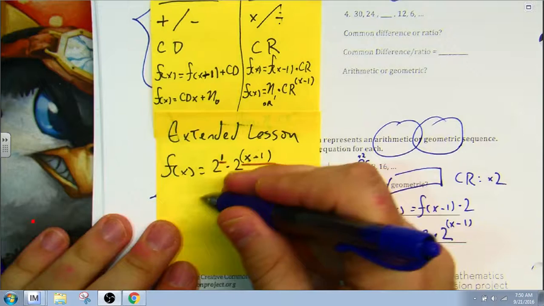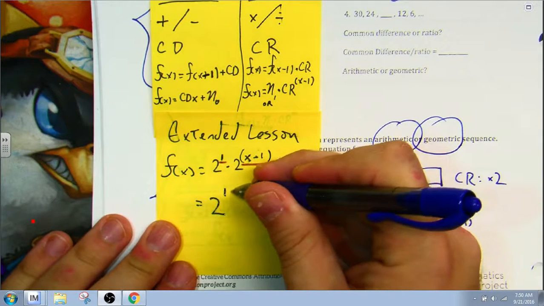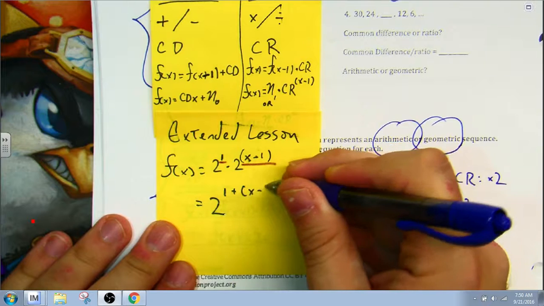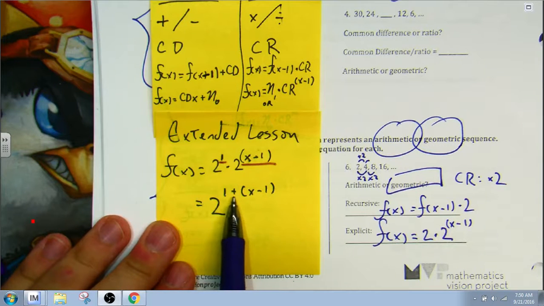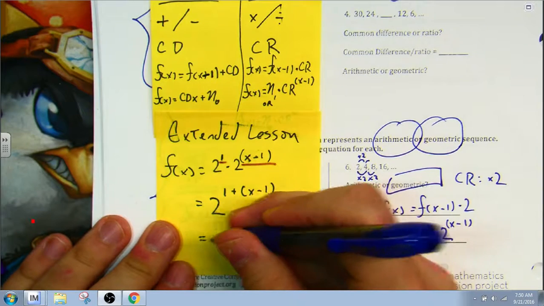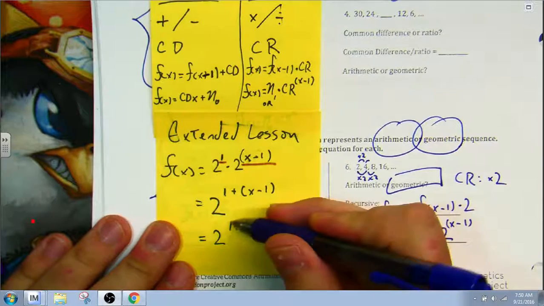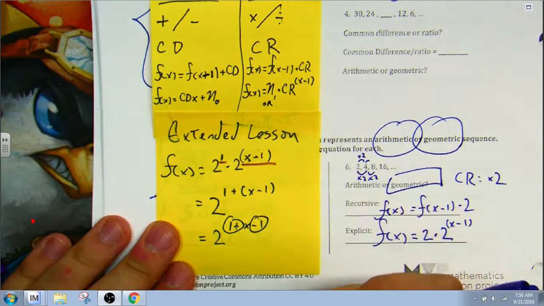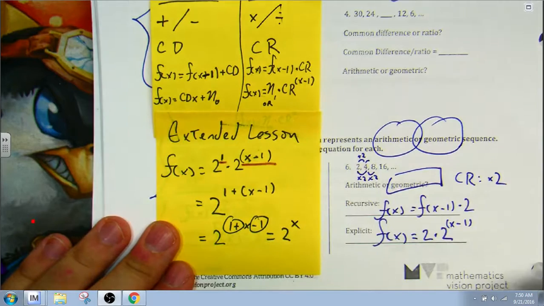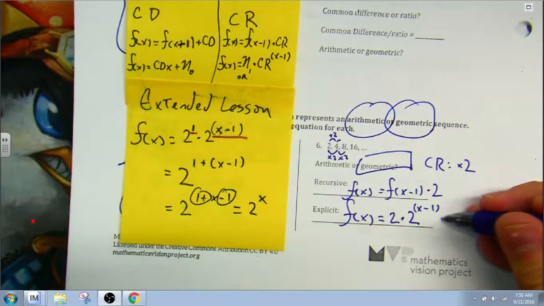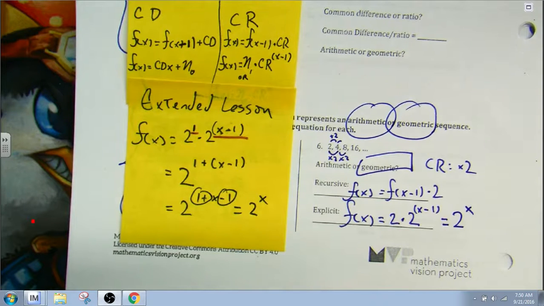So what I really have is 2 to the 1 plus the x minus 1 power. And so these parentheses, since this is just plus here, aren't doing anything. So really that's 2 to the 1 plus x minus 1 power. And 1 minus 1 is 0. So this really is just 2 to the x. So I could even simplify this further as just saying 2 to the x power.